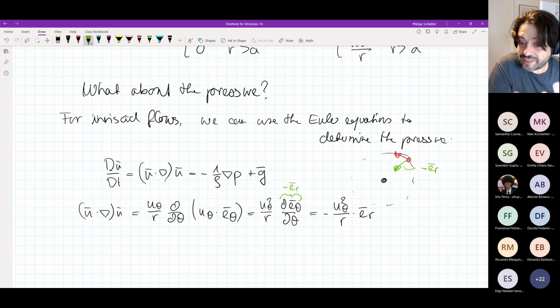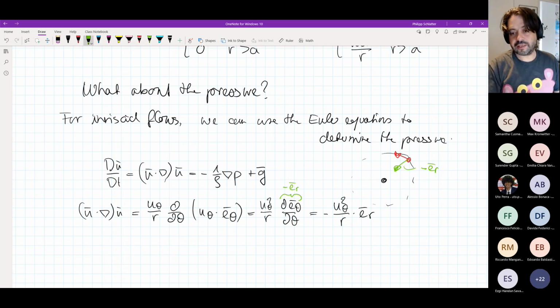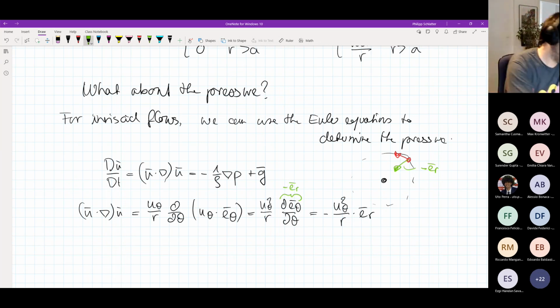And of course, what is that? It's u theta squared divided by r. So it increases quadratically with the velocity, and it decreases linearly with the radius. Well, this of course is nothing else than a centripetal acceleration.